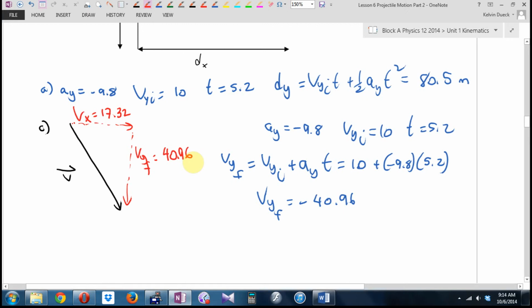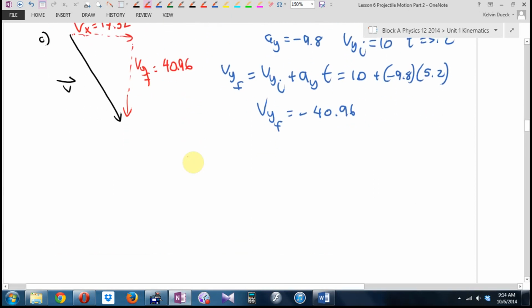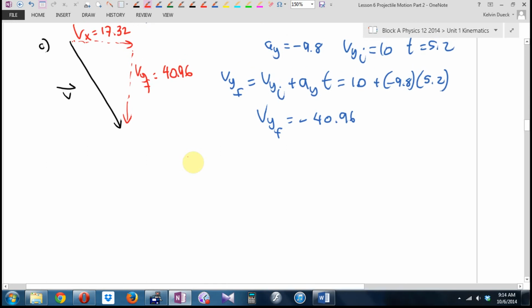Now what? How can I find the impact velocity, the final velocity? Good. Try the Pythagorean theorem and SOHCAHTOA on your own. Let's see if we get to the same spot. I'll freeze the screen and unfreeze it when I'm done.